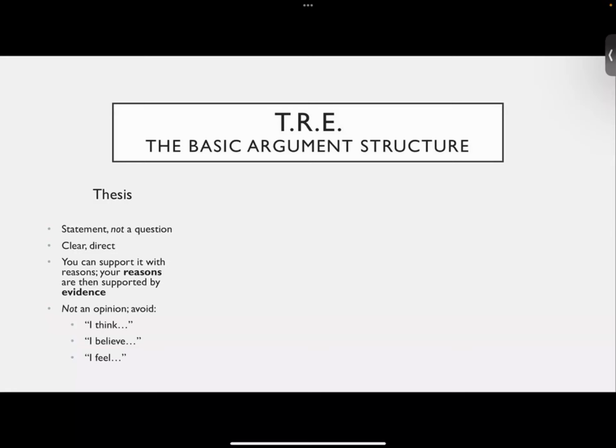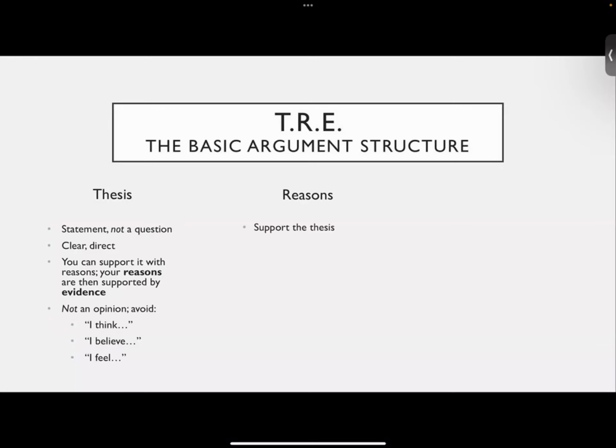The use of first person "I" can be appropriate in an argument, and we'll talk about that at a later time in the course. But typically it should be used sparingly, strategically, and only as a supplement to the argument itself. Nothing about your argument should be based in your own opinions.